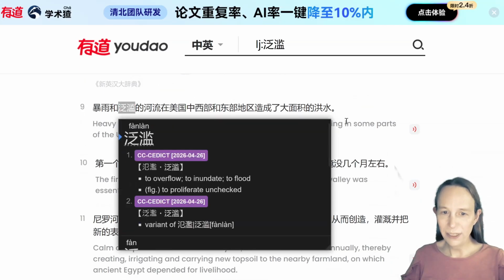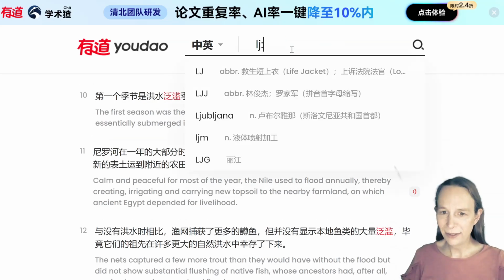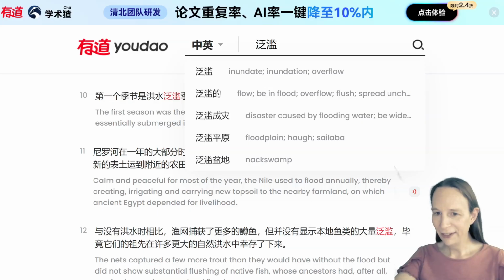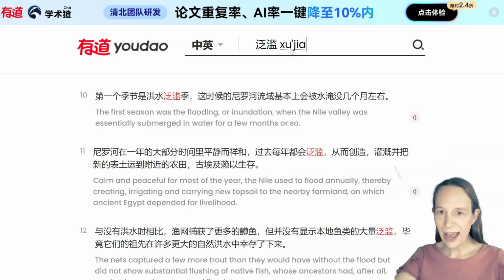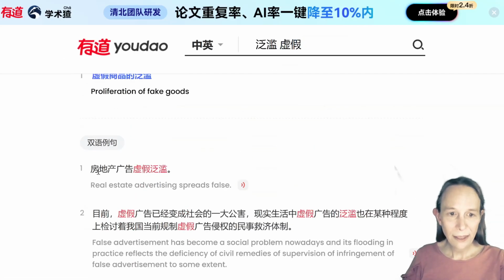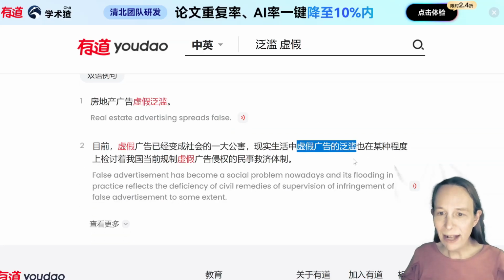But it's not just water. You can be 泛滥 with counterfeit products or something like this. What's counterfeit products? 虚假, I don't know. Okay. 房地产广告虚假泛滥. 虚假广告的泛滥.